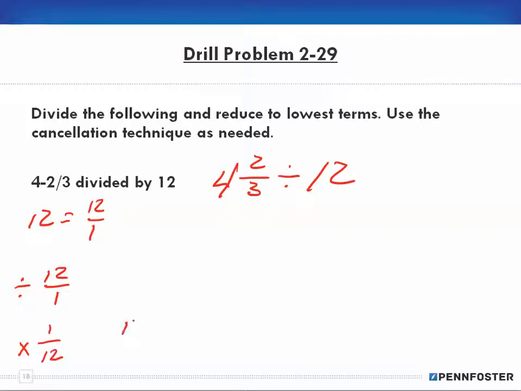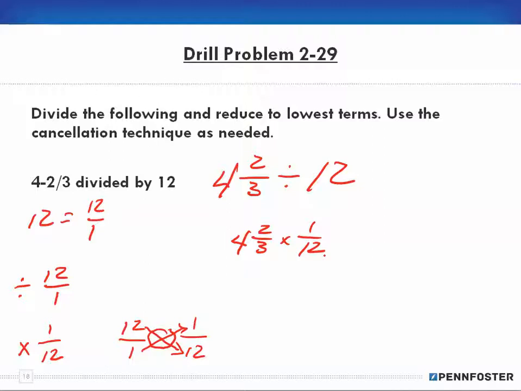The mental device that I used: when I invert to make it 1 over 12, the numerator becomes the denominator and the denominator becomes the numerator. So in rewriting the problem, I have 4 2/3 times 1 over 12.